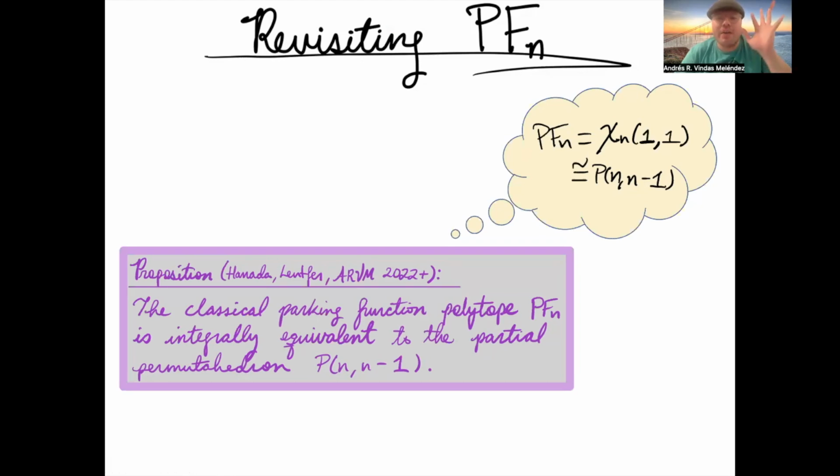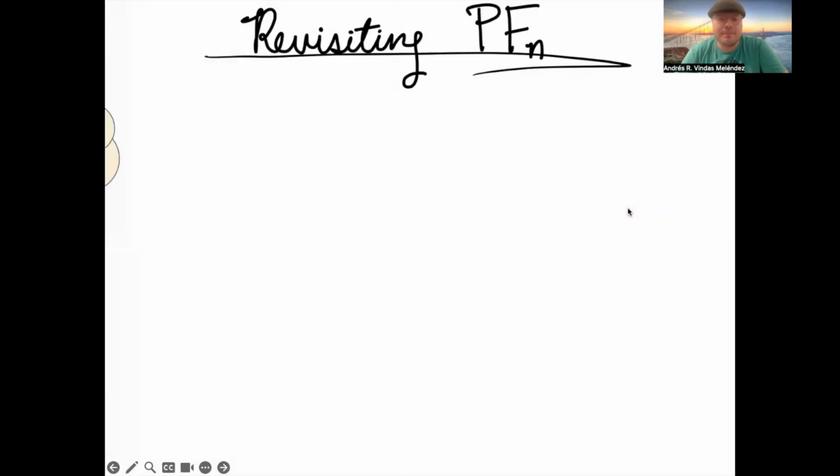So the classical parking function polytope can be obtained by specializing our generalized parking function polytope, or this X(n,a,b) polytope, when X is equal to 1, 1, 1, 1. And we show that that is integrally equivalent to this specific partial permutahedron.